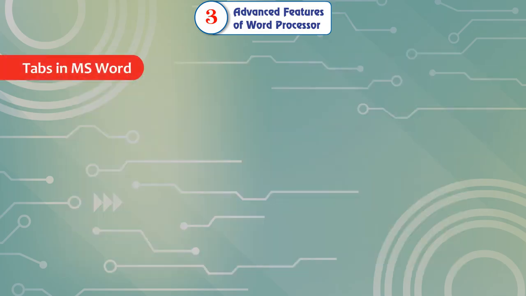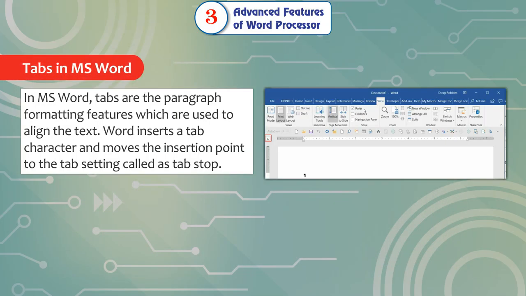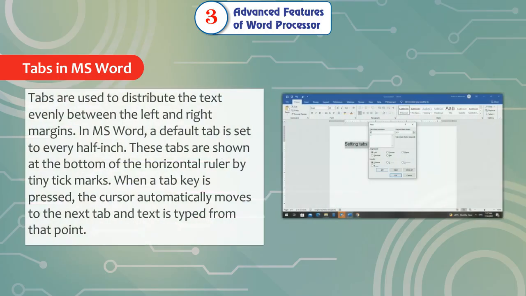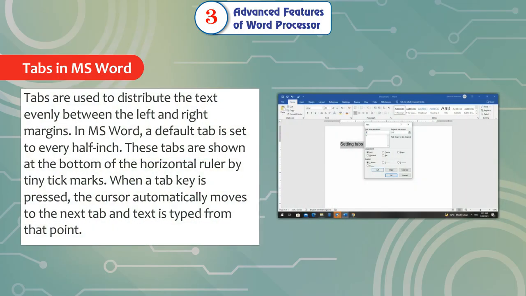Tabs in MS Word. In MS Word, tabs are the paragraph formatting features which are used to align the text. Word inserts a tab character and moves the insertion point to the tab setting called as tab stop. Tabs are used to distribute the text evenly between the left and right margins.